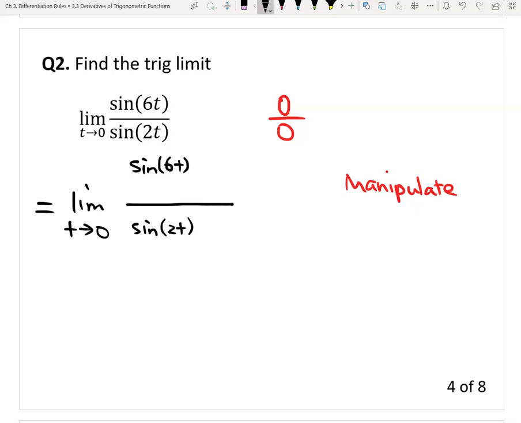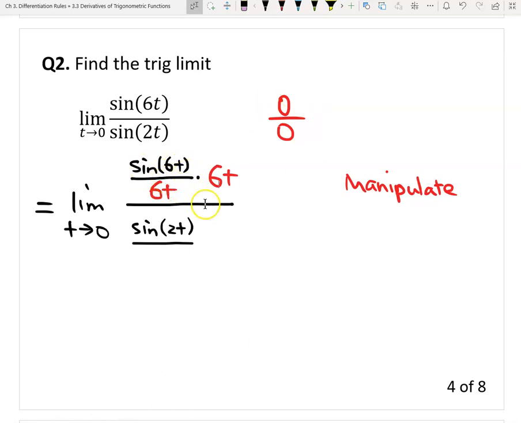I have to divide by theta, which is 6t, and then I have to multiply by 6t, definitely, so it doesn't change anything. Then we have sine theta over theta.